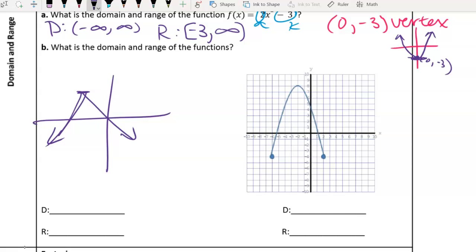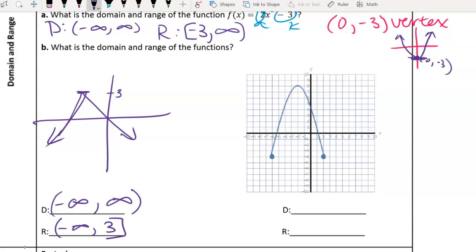And this point up here is at 3. So just to make a generalization, we have absolute value. Our domain is from -infinity to +infinity. And my range from bottom to top would be from -infinity to +3 with a bracket.